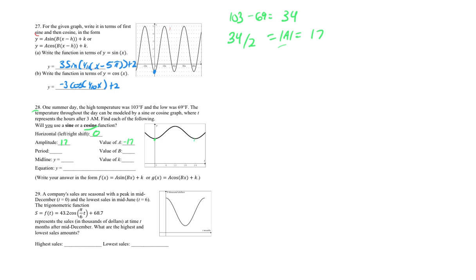Period. We can measure that from trough to trough, and that's 24 hours, which is in line with what we'd expect a day to be. Then B is equal to 2 pi over 24, which simplifies to pi over 12.